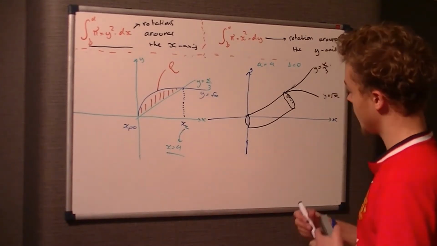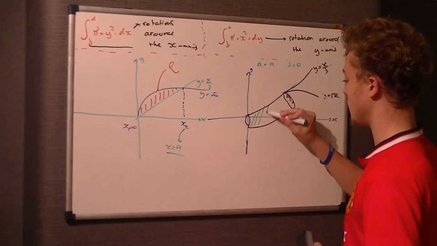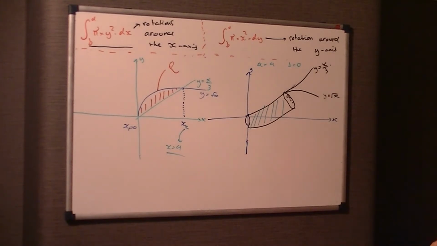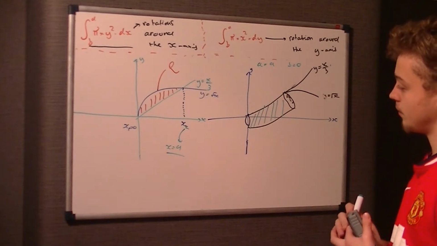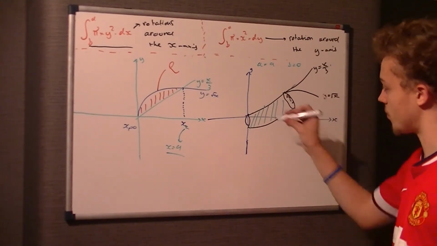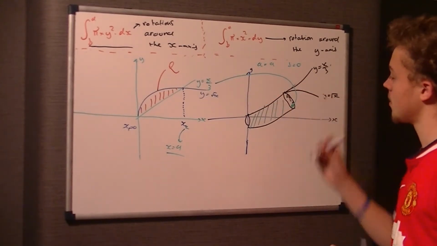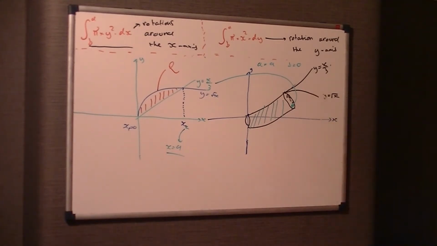Go back to green. This y equals root x is actually the outside bit, because it's on top, so it's over the other one. Now the y equals x over 3 is actually the bit inside the little rotation thing.